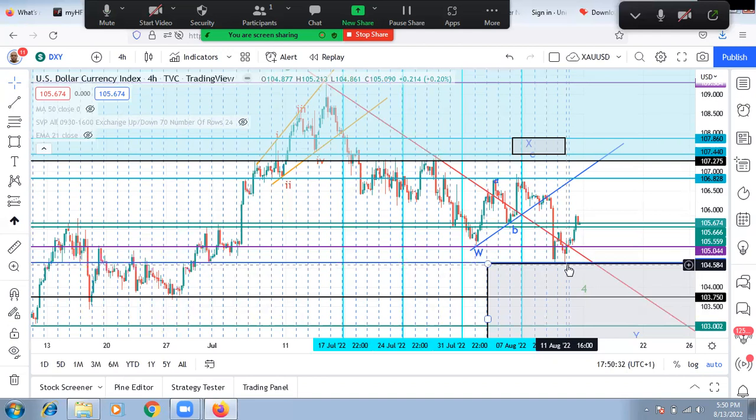But when we look at the structure that is unfolding, this being a leg of a W, and this in the middle is still a bridge, and the other half is not complete, then we should see more downside towards this zone. That is what I'm trying to say.